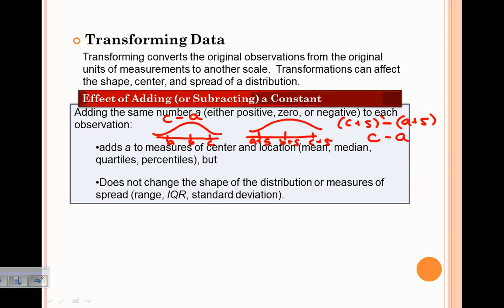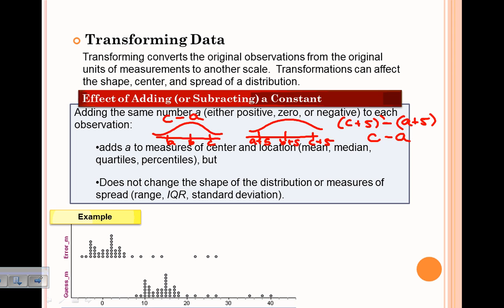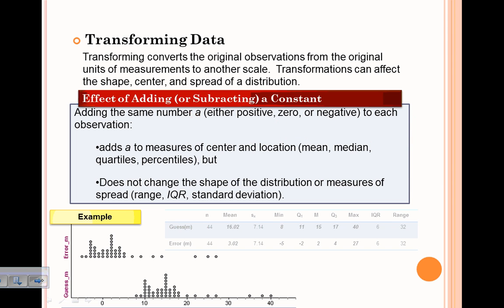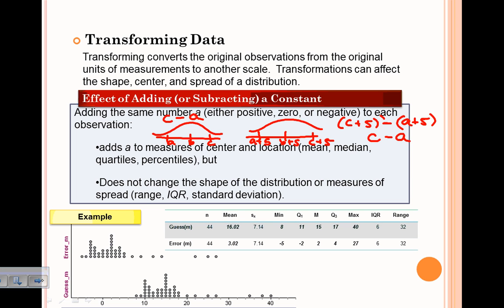All you did was shift it over, you didn't spread it out. So when you add or subtract, the center changes, the spread does not. Here you can kind of see with this data example what happened.